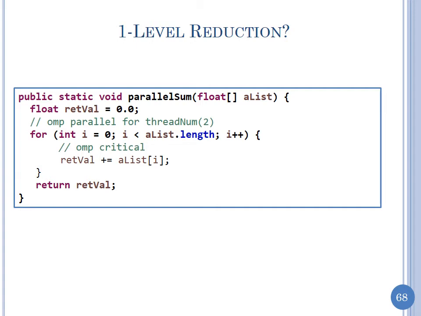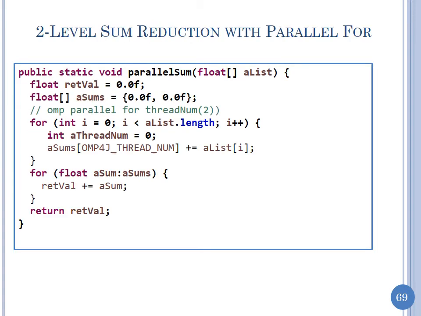Let's go and code that. So what we can do is have our shared variable, have our private variables. Okay, we know that we have two threads, so we create two variables, and what we're doing here is saying that depending on which thread is executing it, we change a different private variable.